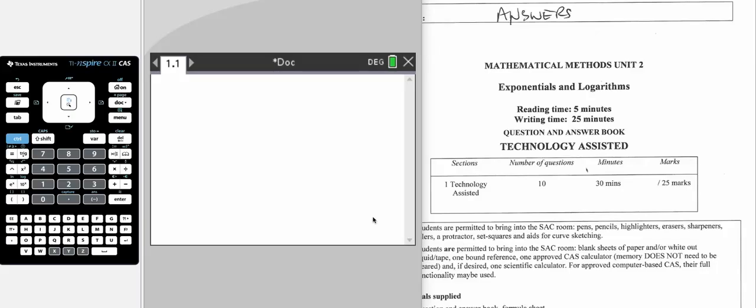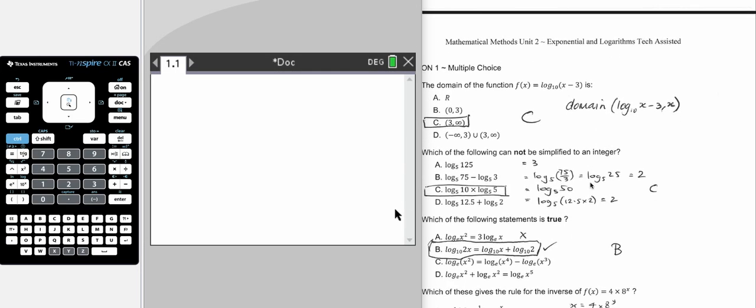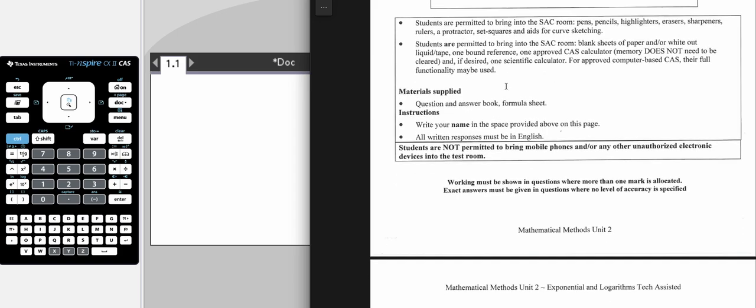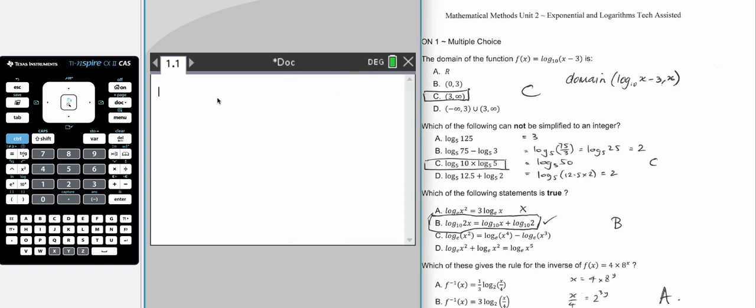Through tech-assisted answers. So having a look at the tech-assisted bit, looking at the multiple choice first off. So we've got section 1 here, looking at multiple choice, where we've got this first one where it's asking for the domain. So we can do this in our CAS. We can just type in domain and then type in the function.